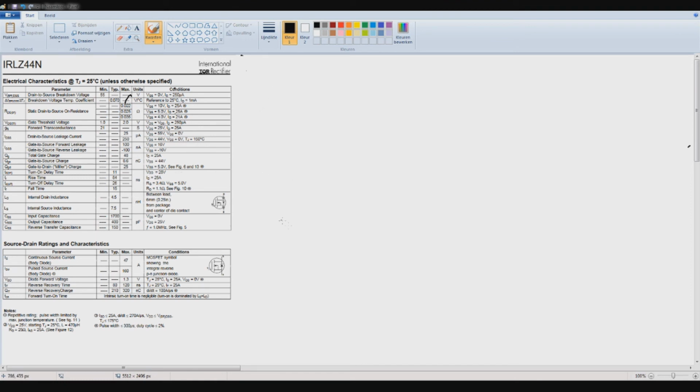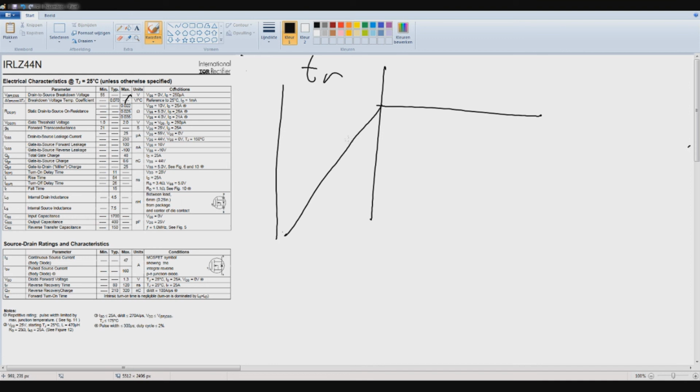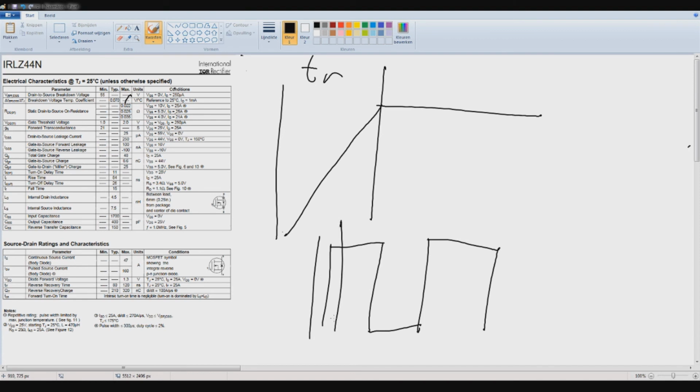And then we have the rise time, right here, this little region. So this is not a representative square wave, because there is no rise time. But if you zoom in to this section, you get this.